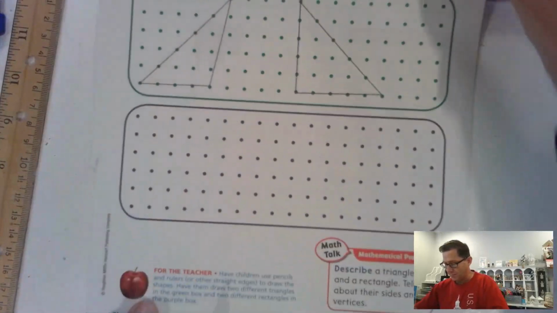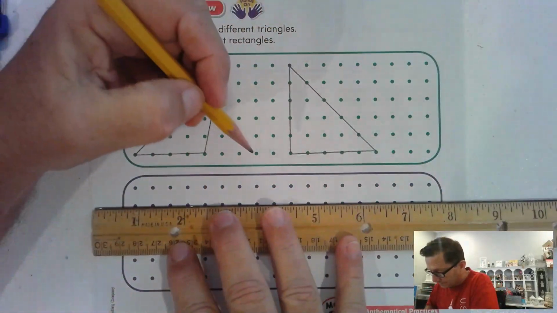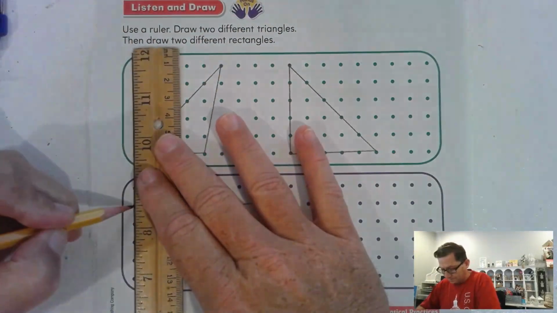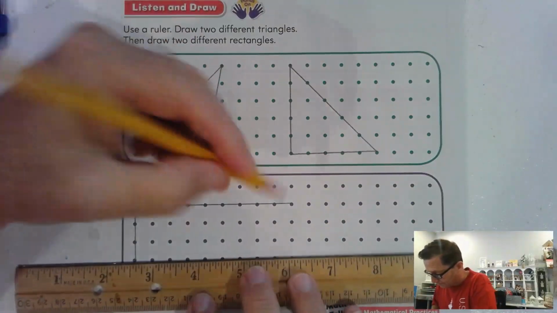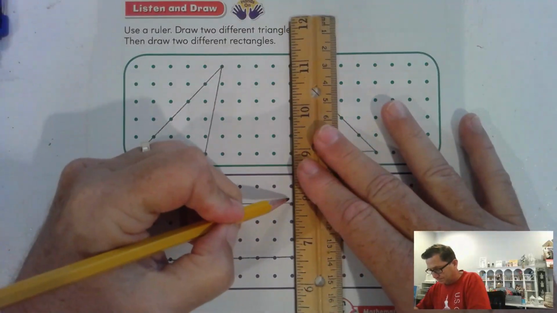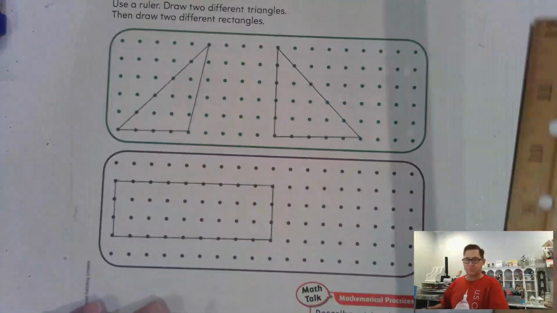All right. In the purple box, we need to draw two different rectangles. That's going to be my first rectangle.